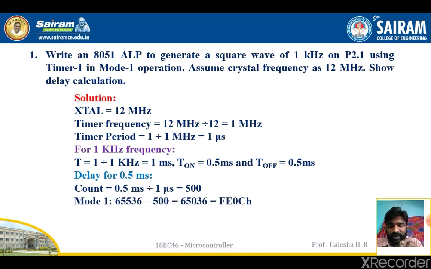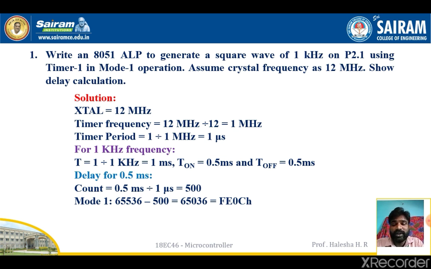Mode 1 is a 16-bit timer, no? The maximum value is FFFFH, that is 65,535, plus 1, so 65,536. Here the plus 1 means the count starts from 0.